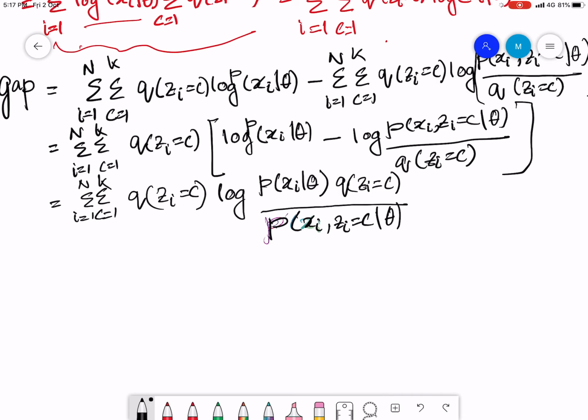All right. So now let us try to use the definition of the joint probability.